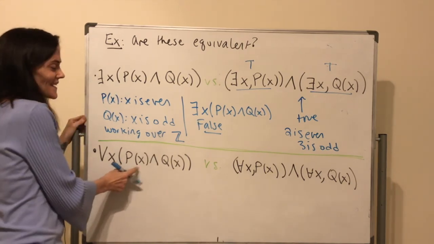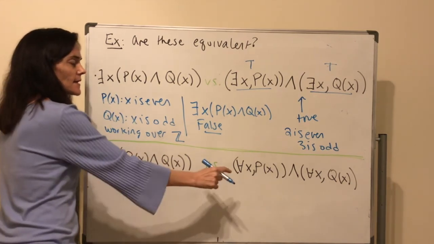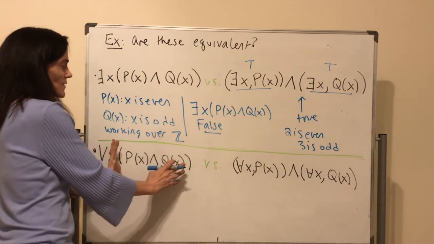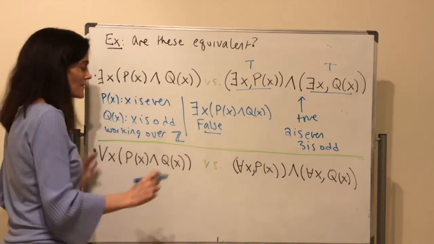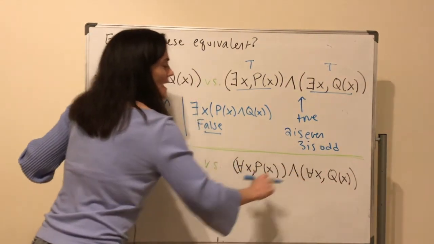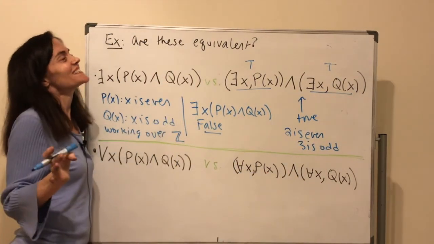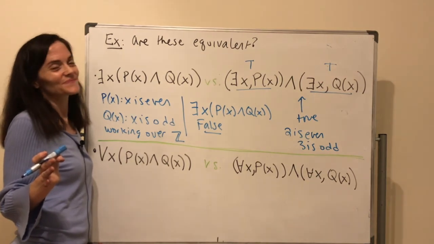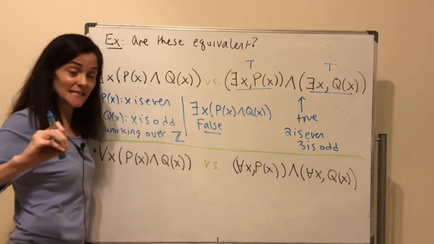Now, come here. This one, we have P of x and Q of x, there's an and, just like above, but then it's for all. And here, for all, and then we and. Are these two equivalent? Well, the answer in this case is yes.